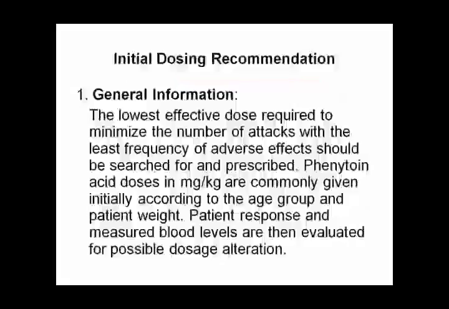Initial dosage recommendation in most cases are started at milligram per kilogram doses, and this is designed at or recommended at 4 to 5 milligram per kilogram to achieve a low level of like 10 or so milligram per liter of phenytoin.